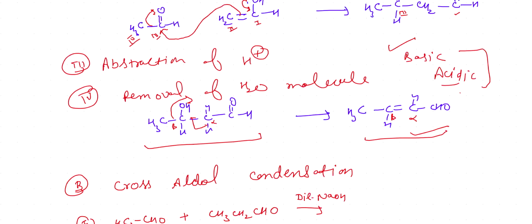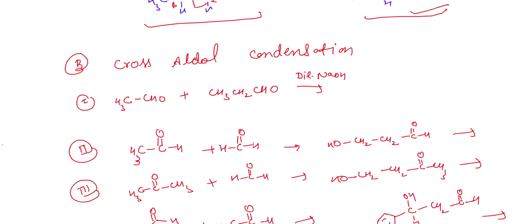Clear? The next reaction is our cross aldol condensation. In cross aldol condensation, two molecules react, but these two molecules are different. This is also an aldehyde. This is also an aldehyde, but both are different. Clear?